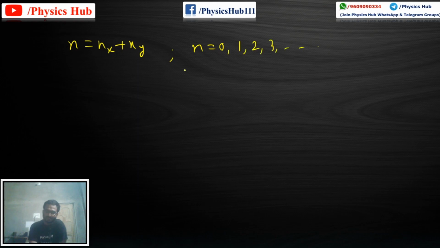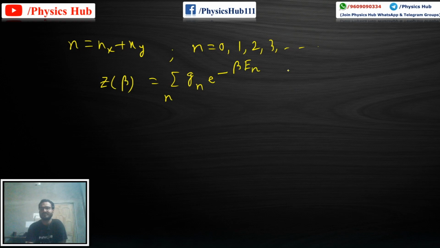Now the partition function will become Z of beta equals the sum over n of gn e to the power minus beta En. So we have replaced i by n. Now what is gn? Gn is the multiplicity, and for a 2-dimensional quantum harmonic oscillator the degeneracy is given by gn equals n plus 1.